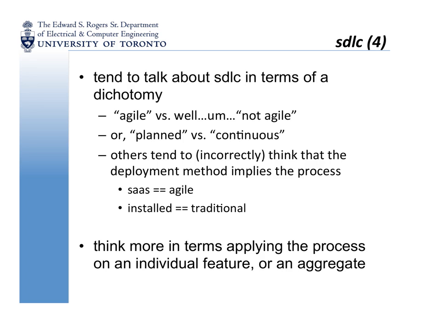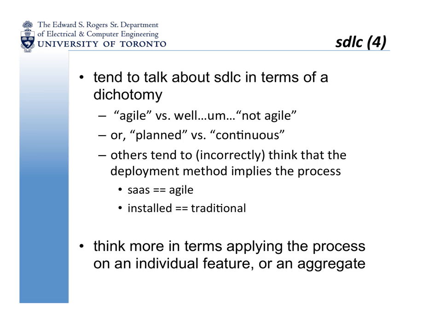The software industry tends to discuss development processes in terms of a dichotomy: agile versus everything else. You will often hear it framed as agile versus planned or agile versus traditional. There is also a common misconception worth addressing directly. Some people assume the deployment model tells you what development process was used.